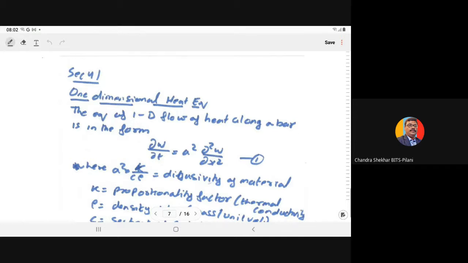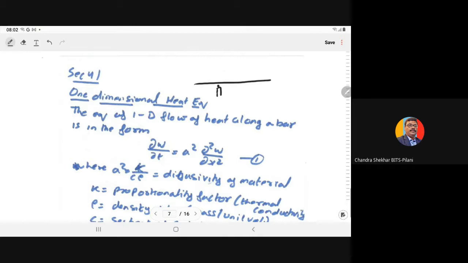The one-dimensional heat equation arises when there is a flow of heat in a wire, which is a one-dimensional object. At some point you are giving the heat.